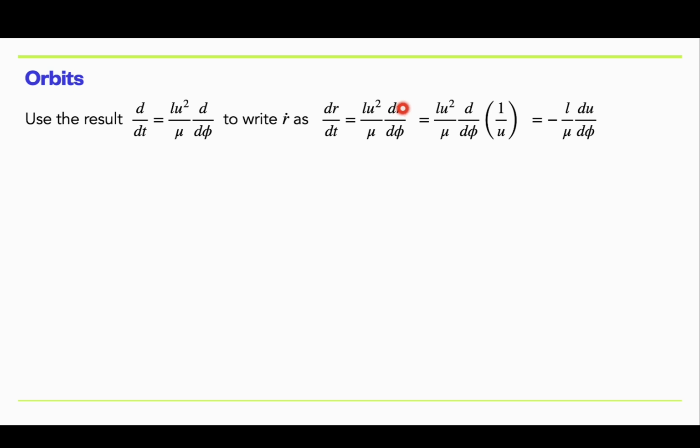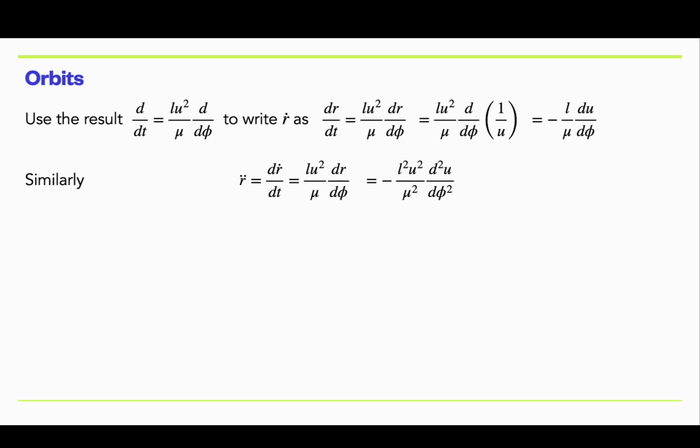We're going to replace the r here with a 1 over u, and when we take the derivative of 1 over u, we get a negative 1 over u squared. The 1 over u squared is going to cancel this u squared right here, so that goes away, and we pick up a negative sign. So r dot becomes negative angular momentum over reduced mass times du/dphi.